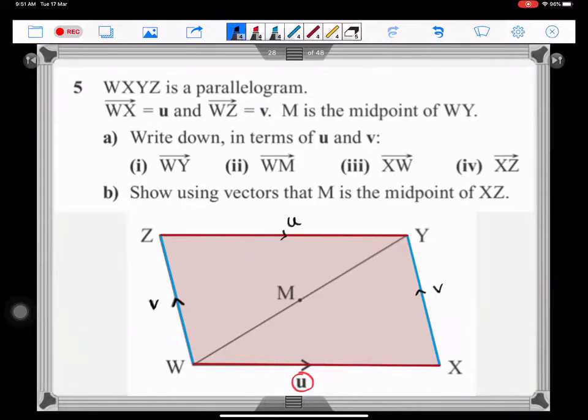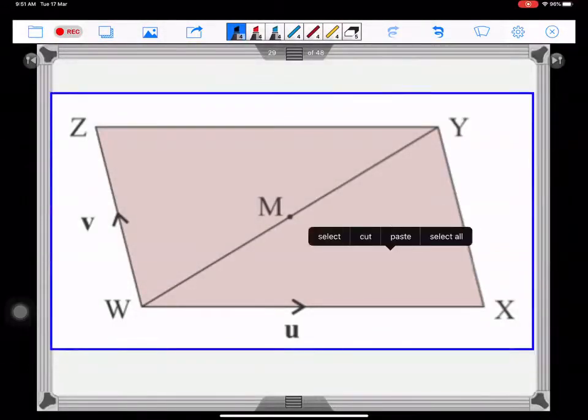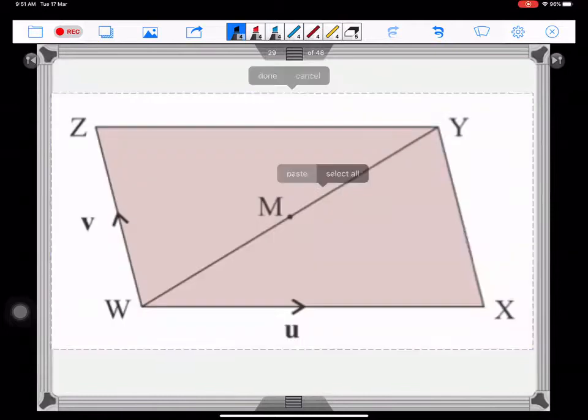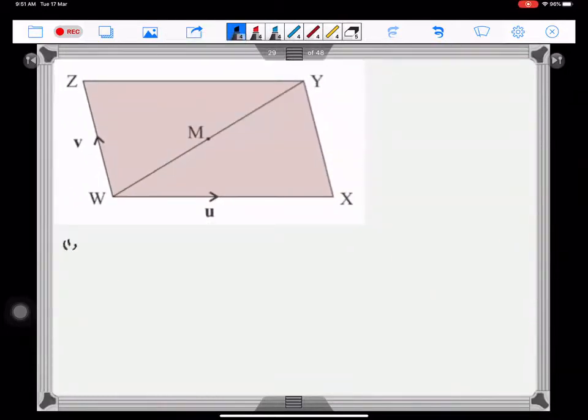Then they are asking the following. Let's first find that. They are asking what is WY. First one is straightforward. Part 1, WY is basically WX plus XY.